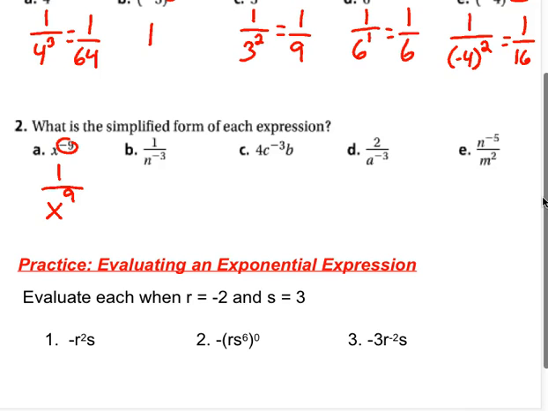I see a negative exponent, but it's already in the bottom of the fraction, okay? But remember, negative attitudes work the same way. You just need to move from wherever you are to get a positive attitude. So instead of being on the bottom, I'm going to move the n to the 3 upstairs, okay? Which leaves nothing in the denominator. So that's really just going to be n cubed.